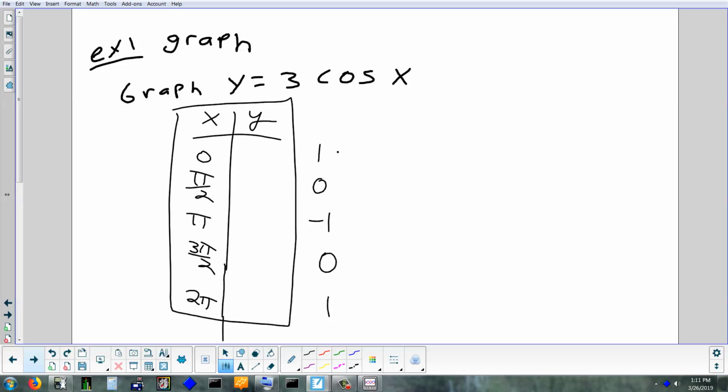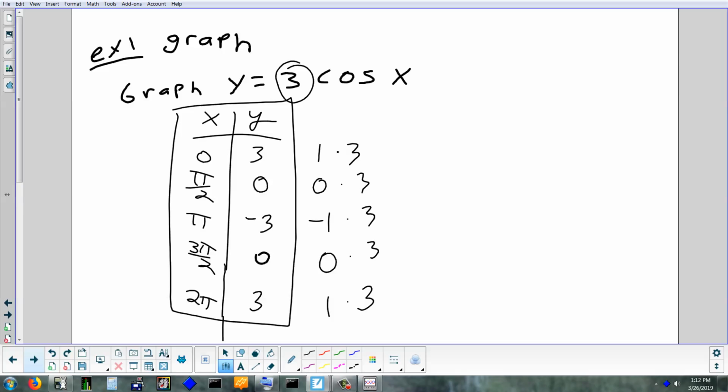Multiply by 3. Yeah, we're going to take all the old y values, multiply by the number in front. And that's going to give me the new y values. So if we do that, we're going to get 3, 0, -3, 0, 3. And there's my table. Okay, any questions on that?